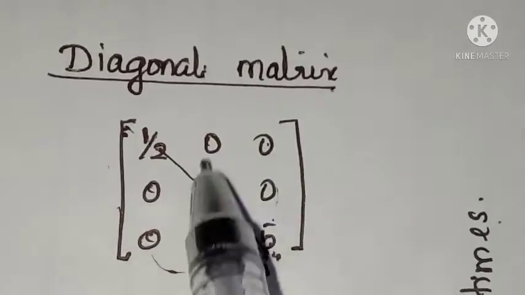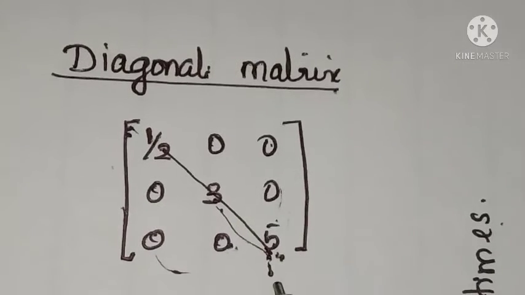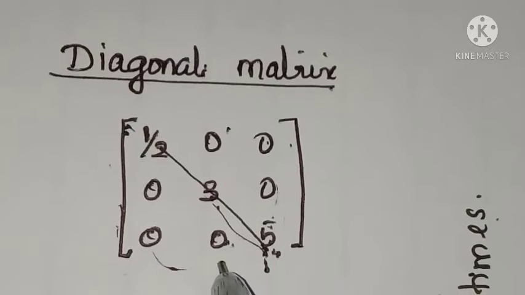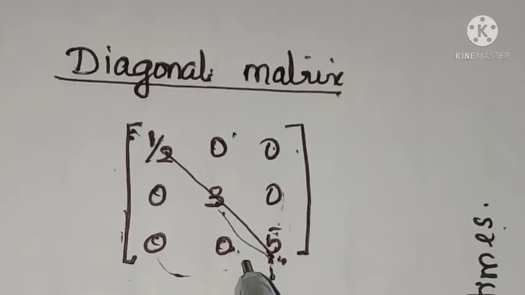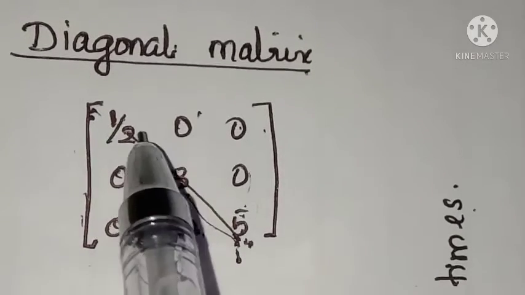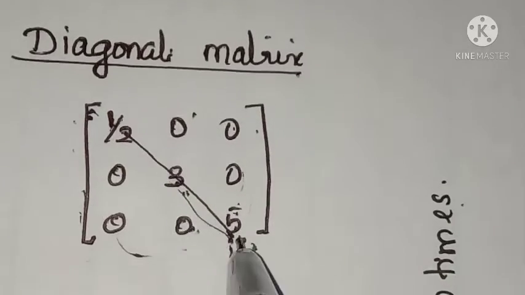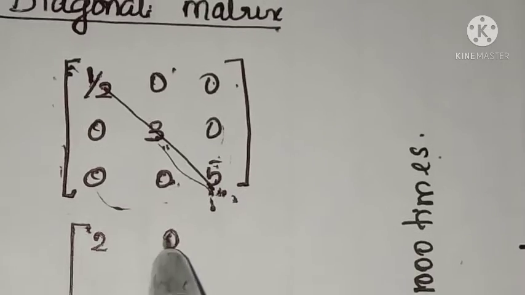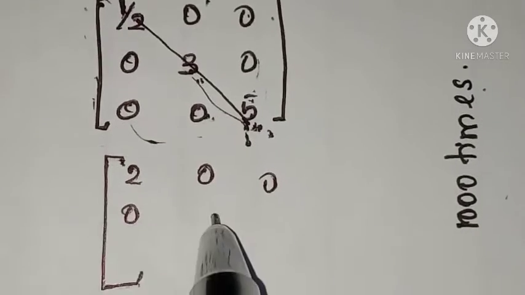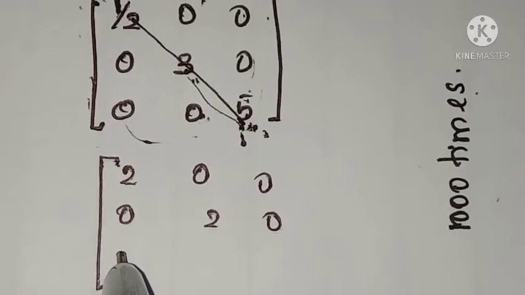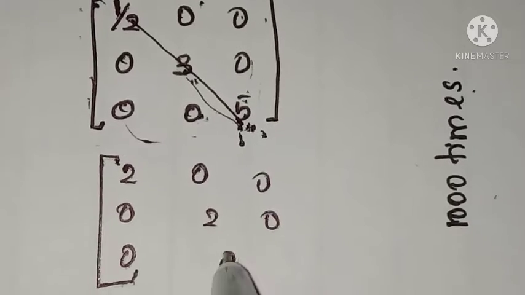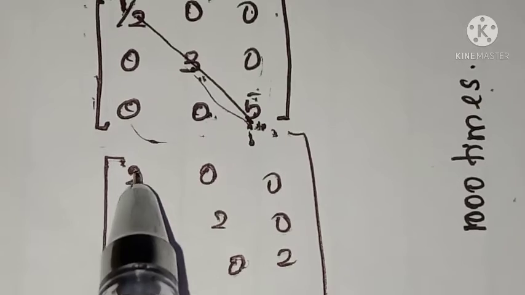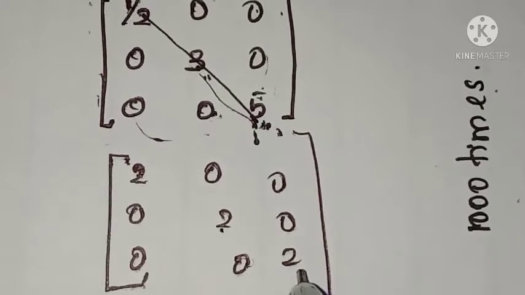So a square matrix is said to be a diagonal matrix if all non-diagonal elements are 0. Suppose all the diagonal entries are equal, for example, 2, 0, 0, 0, 2, 0, 0, 0, 2. Look here. What are the diagonal entries? 2, 2, 2.